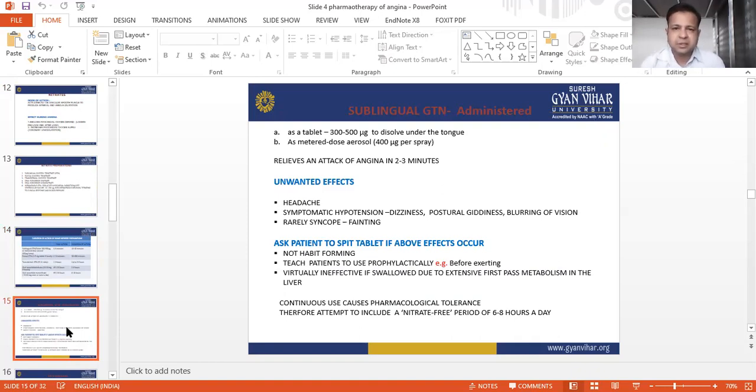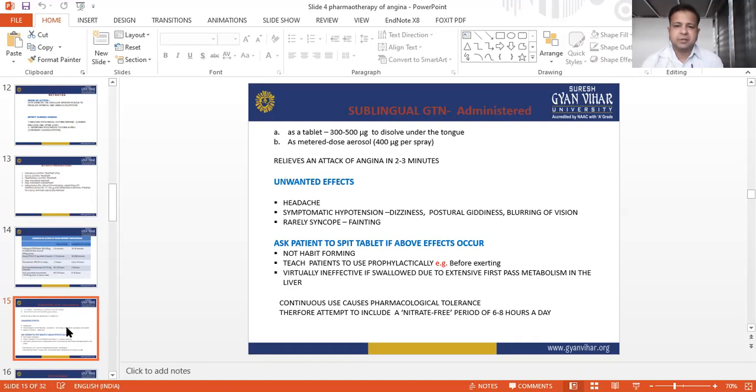Sublingual glyceryl trinitrate administered as a tablet 300 to 500 microgram to dissolve under the tongue, or as metered dose aerosol 400 microgram per spray. It relieves an attack of angina in 2 to 3 minutes.